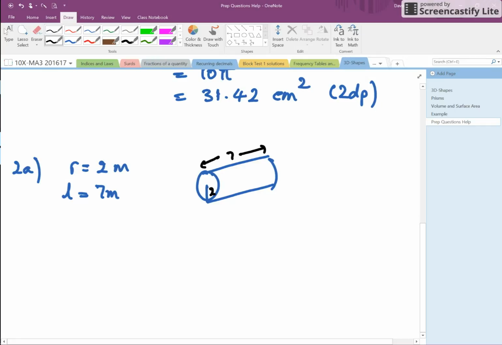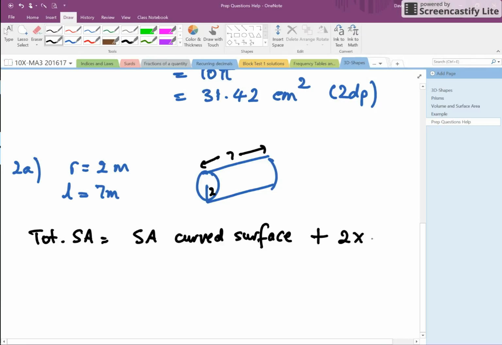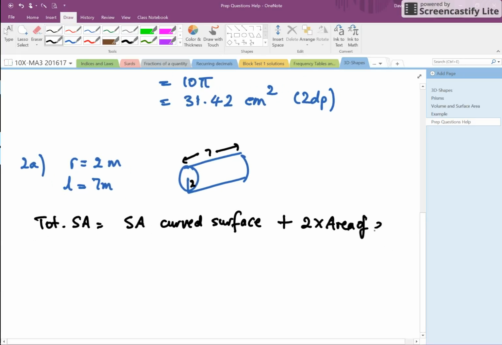So our total surface area is the surface area of the curved surface plus 2 times the area of an end.